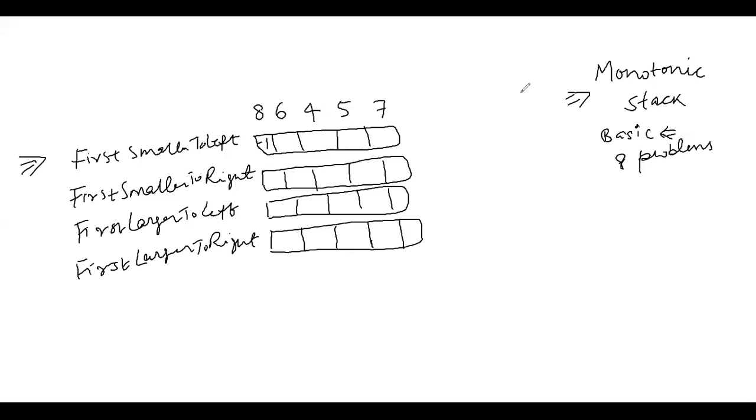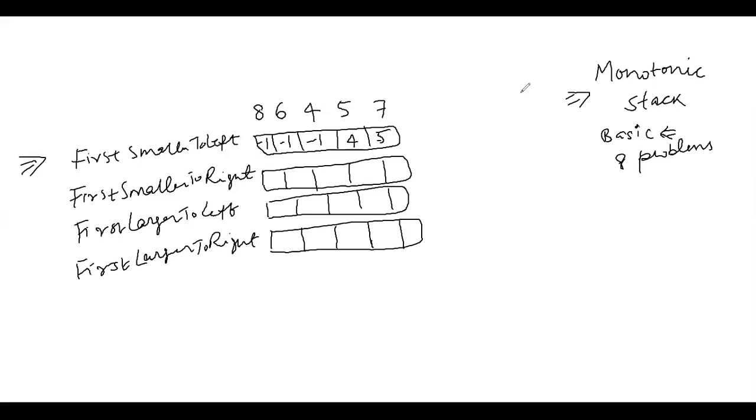Great. For 6, what is the first smaller to left? -1. Great. For 4? Same, -1. Perfect. For 5? 4. Excellent. For 7? 5.